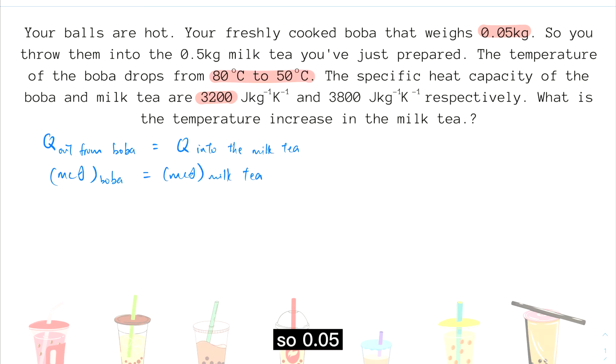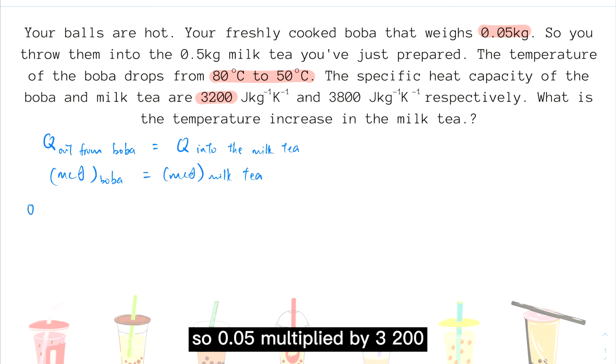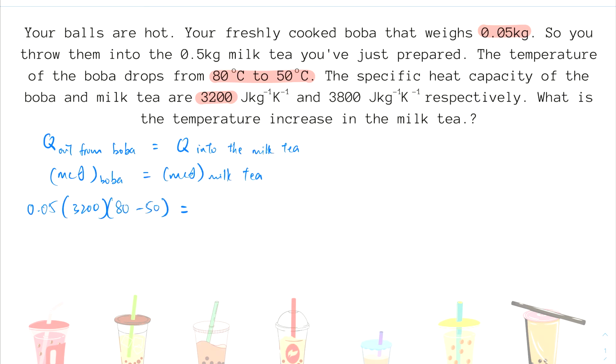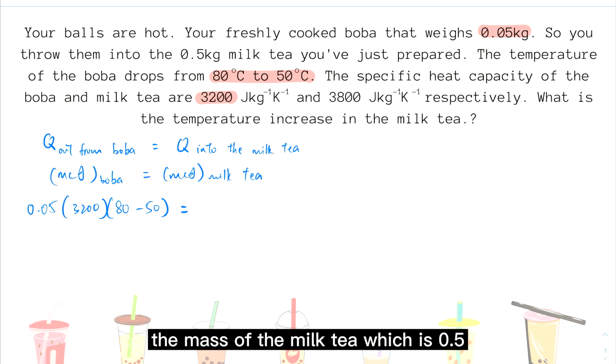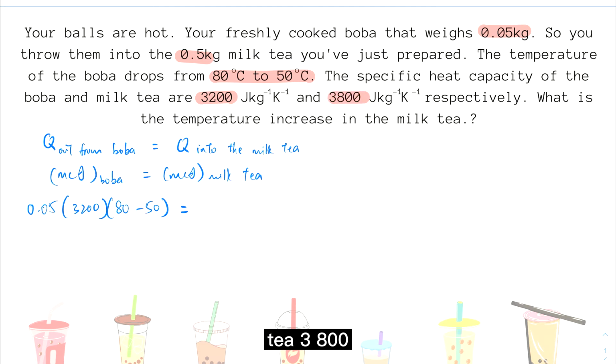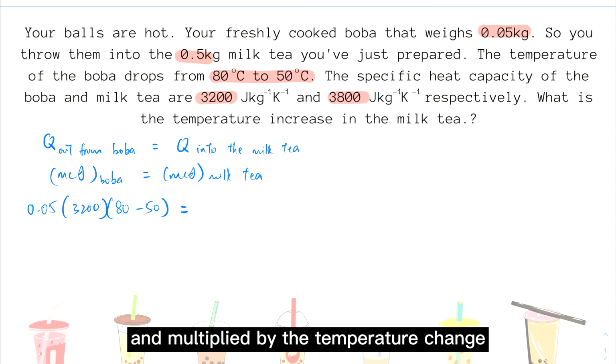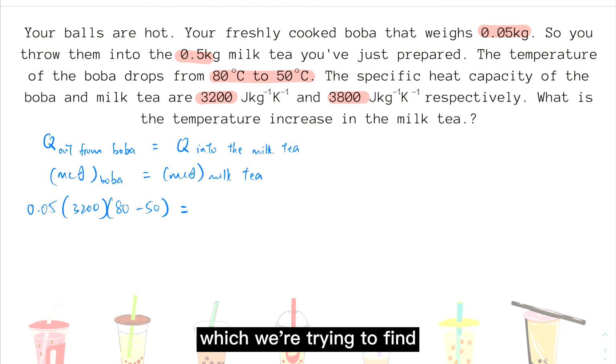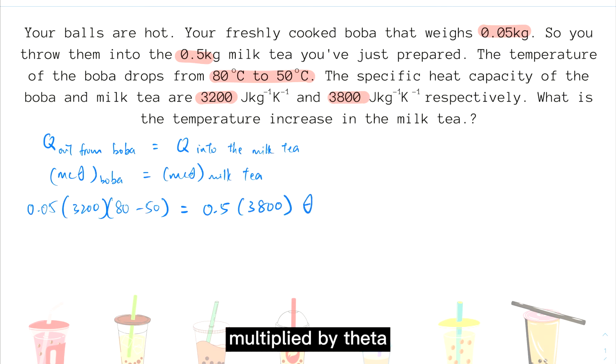So 0.05 multiplied by 3200 multiplied by 80 minus 50 is equals to the mass of the milk tea, which is 0.5, multiplied by the specific heat capacity of the milk tea, 3800, and multiplied by the temperature change, which we're trying to find. 0.5 multiplied by 3800 multiplied by theta.